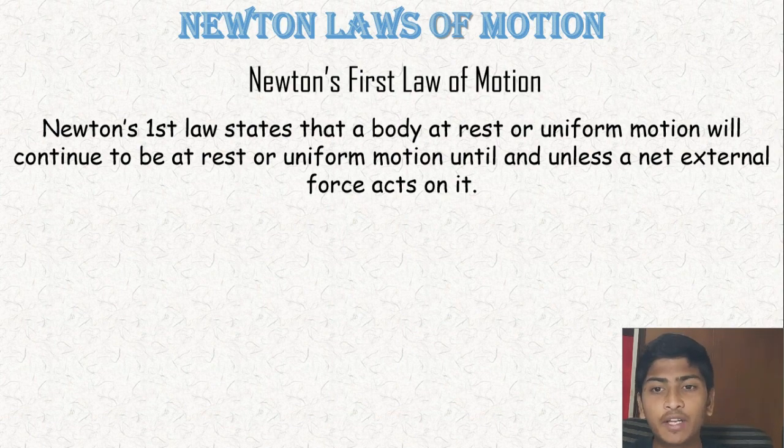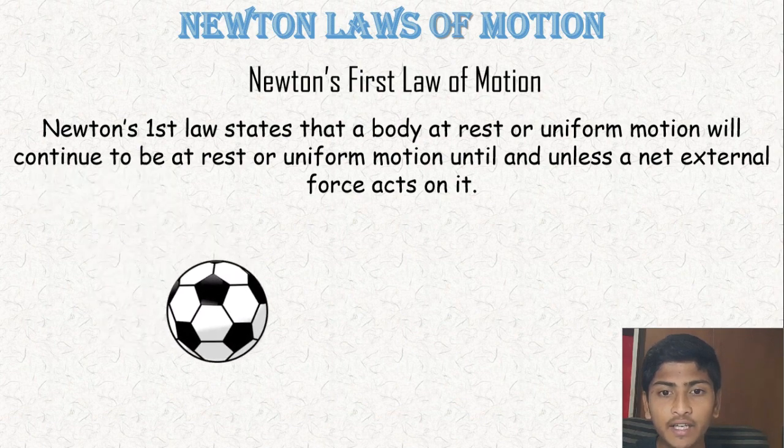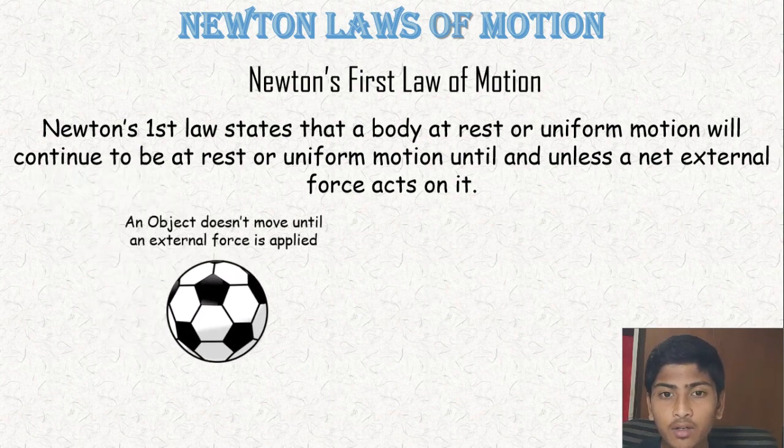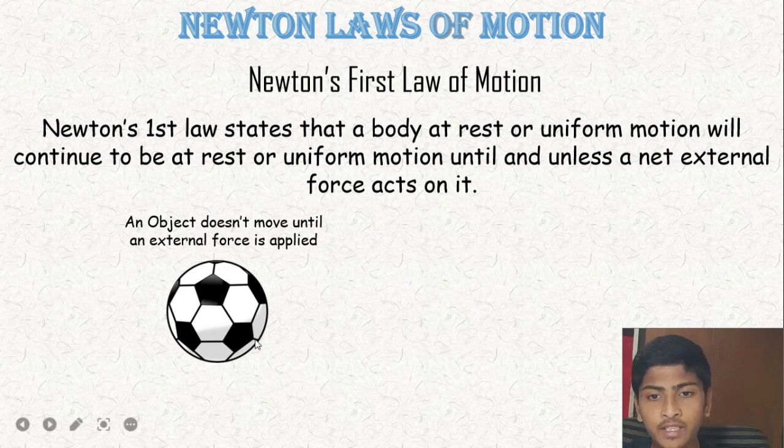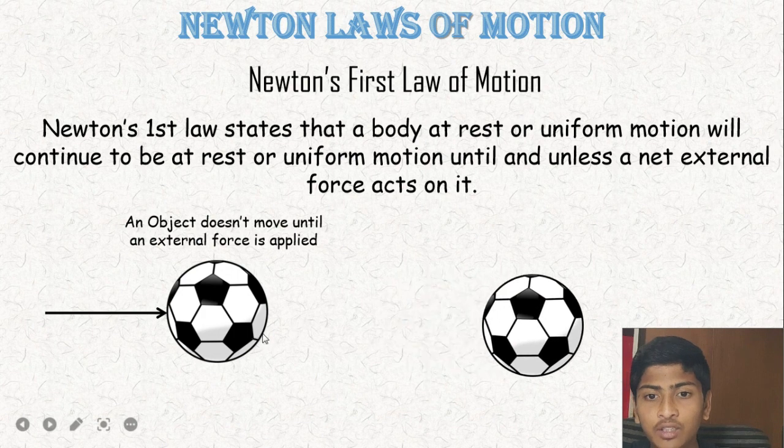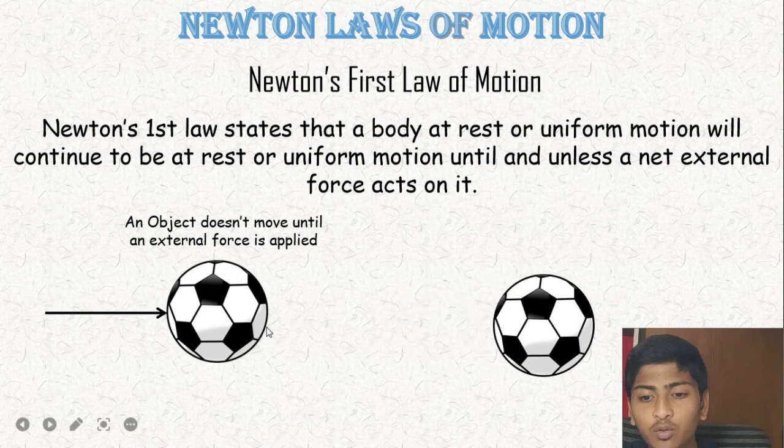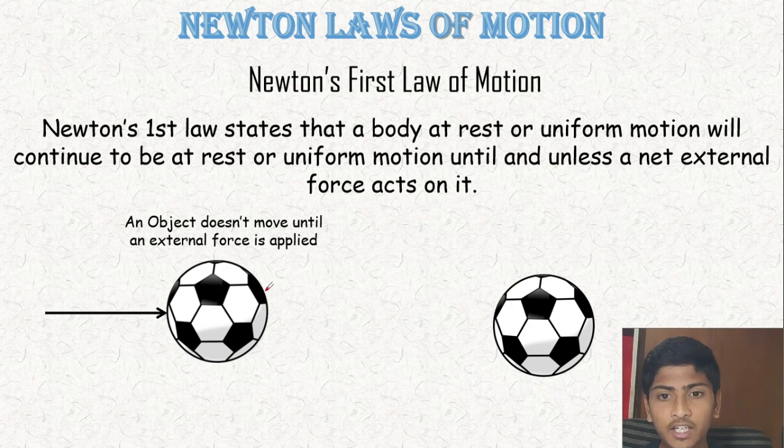Here is a small example of a football with external force. Here is a ball. An object doesn't move until an external force is applied. Here no external force is applied on this ball, so it doesn't move. When an external force is applied, the ball starts to move.